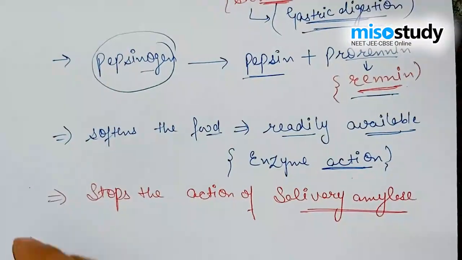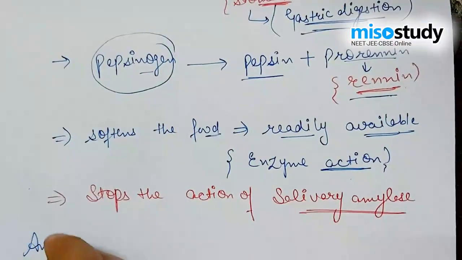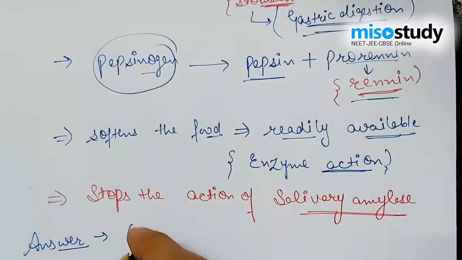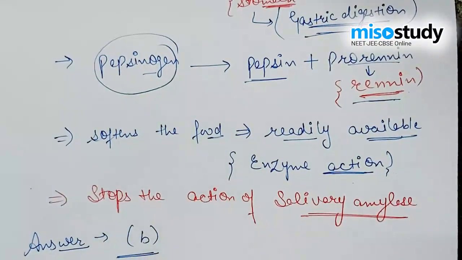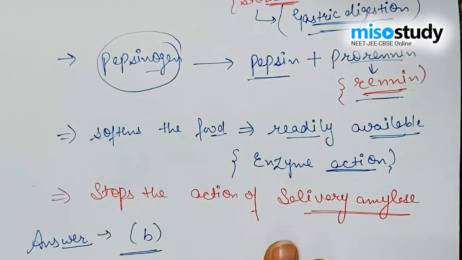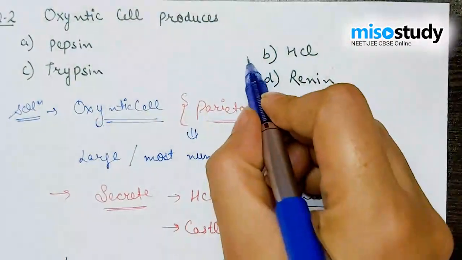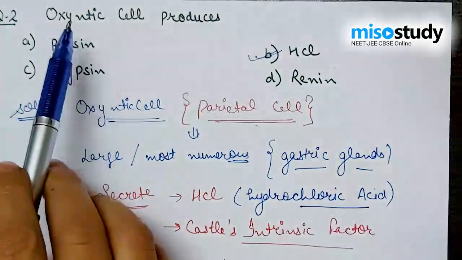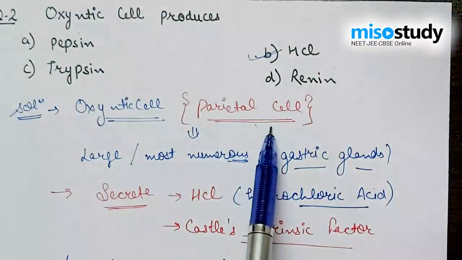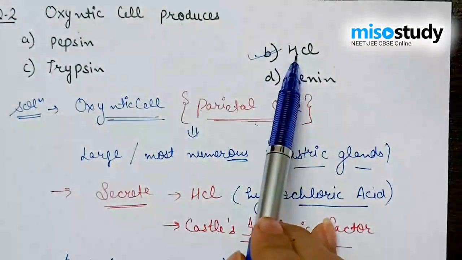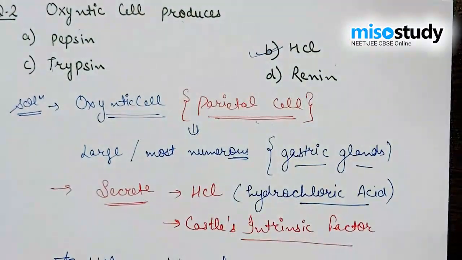So according to the discussion, the right answer is option B, the HCl. So oxyntic cells, also known as parietal cells, produce HCl in the body.